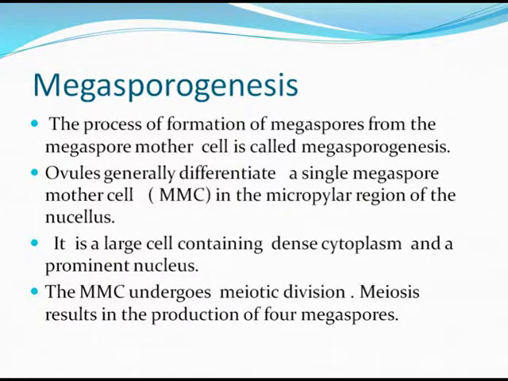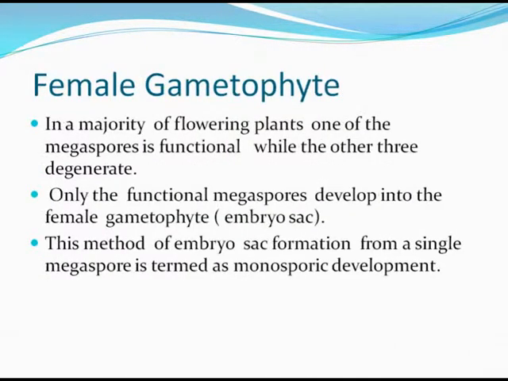It is a large cell containing dense cytoplasm and a very prominent nucleus. The megaspore mother cell undergoes meiotic division, and the meiosis results in the production of 4 megaspores.